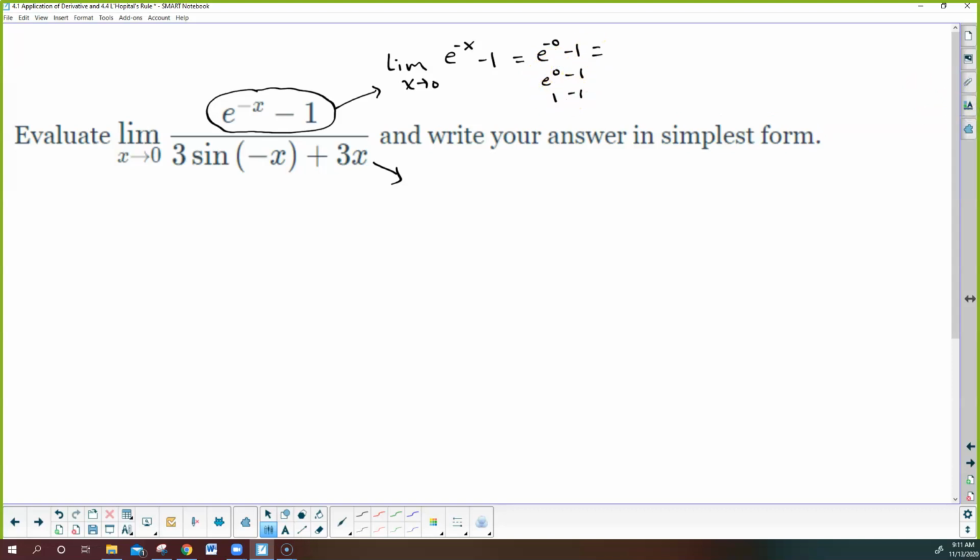So I get 1 minus 1, or 0. On the bottom, we got to take the limit of 3 sine negative x plus 3x. Now we're just going to do substitution then.